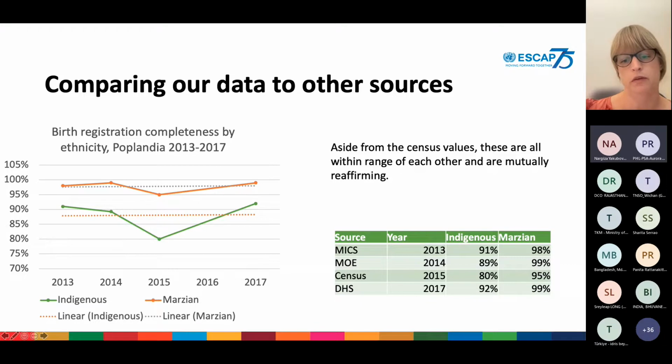So if we were doing our analysis based on the Ministry of Education data for, say, 2014, and we are comparing them to similar years, we would feel pretty confident with our analyses because our estimates are very close to estimates from other sources. And so nothing too shocking or worrisome is going on over time.